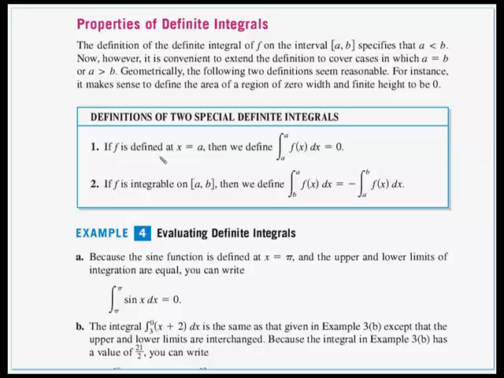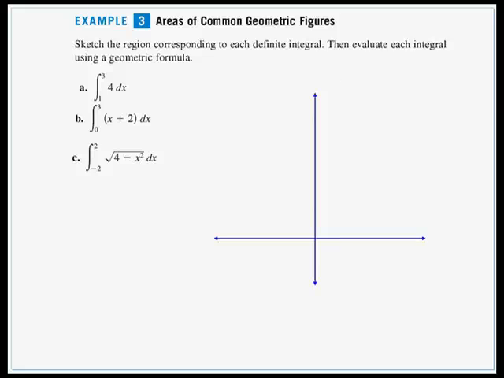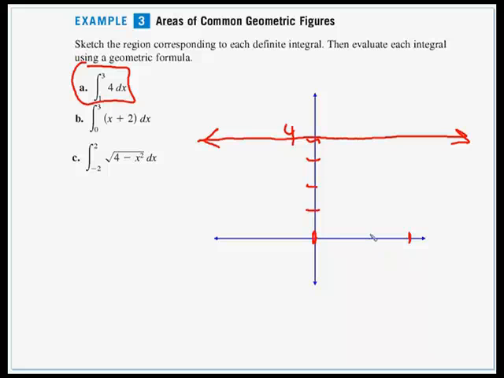If the function f is defined at x equals a, then we define the integral from a to a of f of x dx equals 0. And that makes sense if we go back to this first one, where we just had a horizontal line at 4. So here's our function, here's our horizontal line. Instead of from 1 to 3, we found the area of a rectangle.